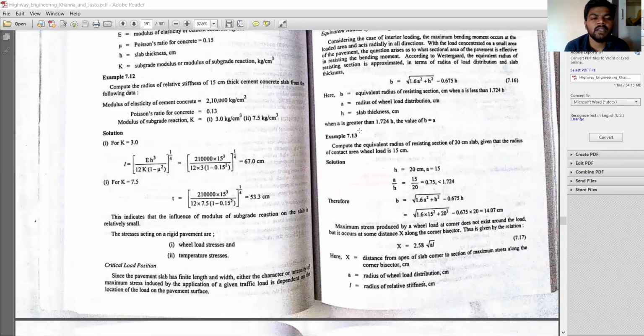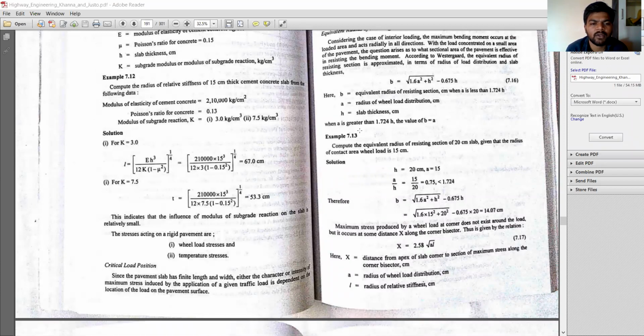Here we know the E value, 2.1 into 10 raised to 5, or 2,10,000 kg per centimeter square, and H, the thickness of the pavement, 15 centimeter. Next 12 into K. What is K? In the first condition, the K value is 3 kg per centimeter cube. Like that, what is the mu value?